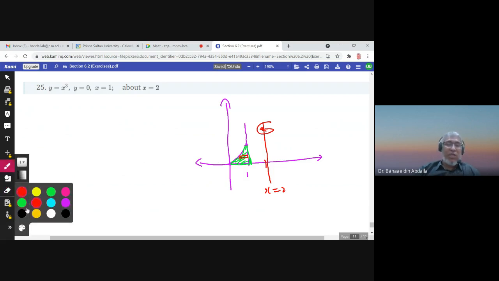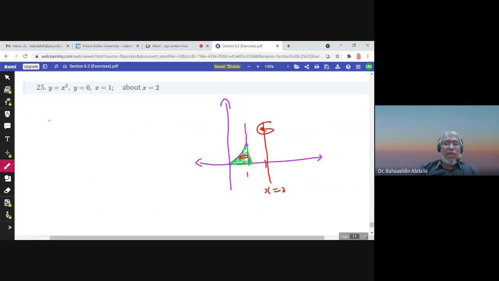Let us determine the outer and the inner radius. The outer radius is the distance from the axis of rotation to the outer curve, which is this one. What is this distance? Pay attention, please. This point has coordinates x, y.